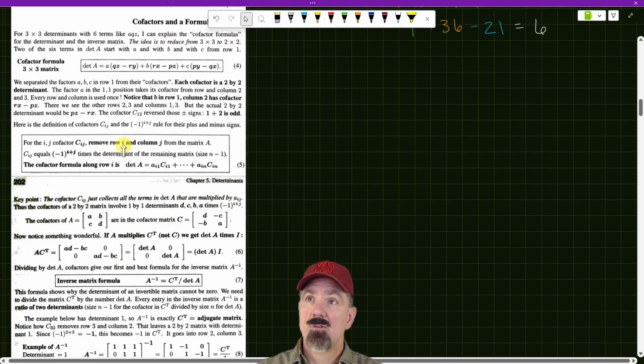So we're going to remove the row i and column j from the matrix, and then this cofactor is equal to, we'll get to this in a minute, times the determinant of the remaining matrix after we remove that row and column. This -1 to the i plus j is accounting for the row swaps that we talked about that makes it negative or positive.